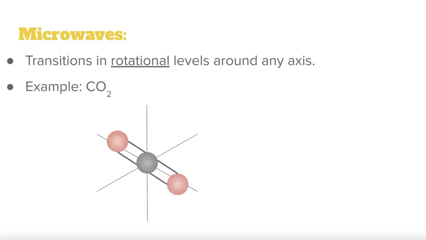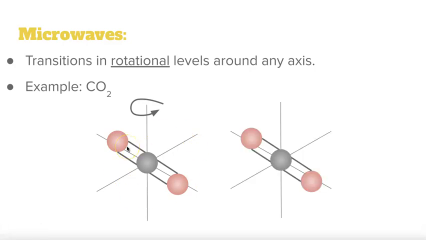So if we look at carbon dioxide, around a three-dimensional XYZ plane, if this molecule were to absorb energy, it would start spinning around this axis, like this. Alternatively, it could also spin around this axis. So it's this rotational movement of a molecule when exposed to microwave radiation.